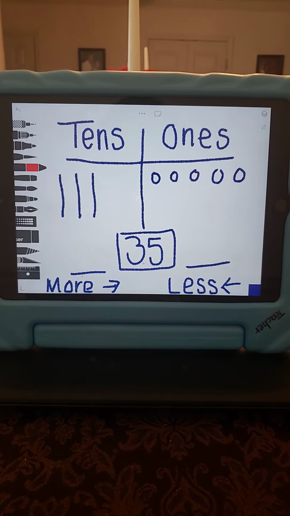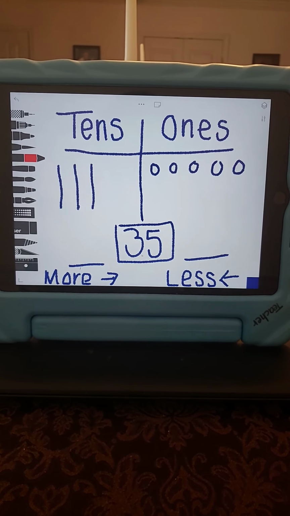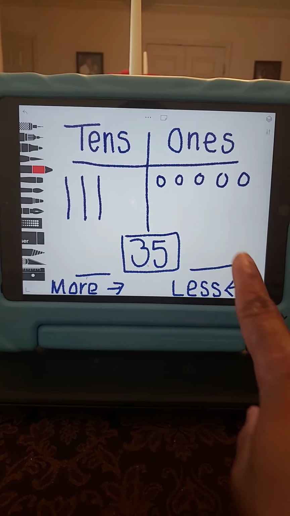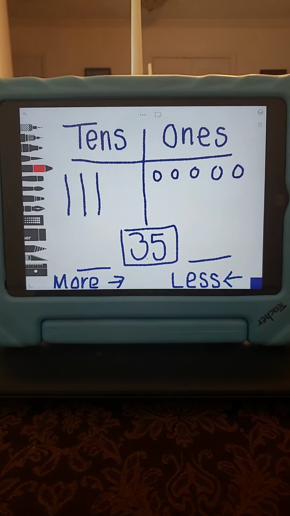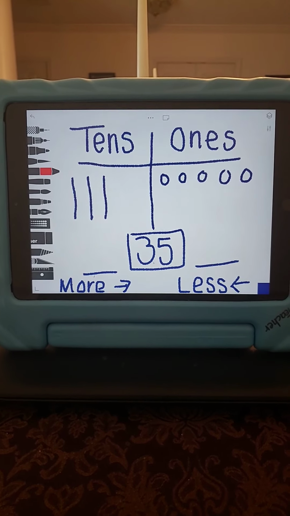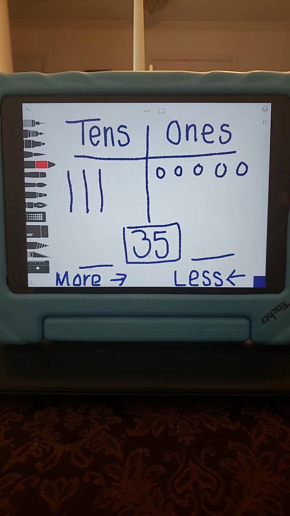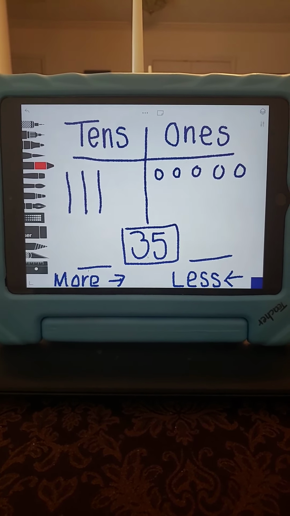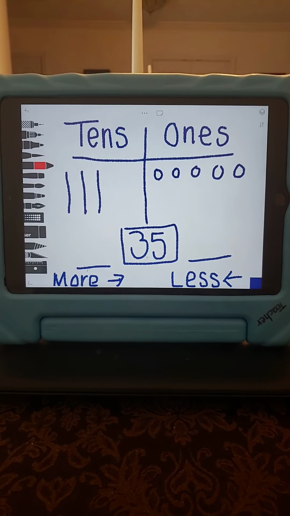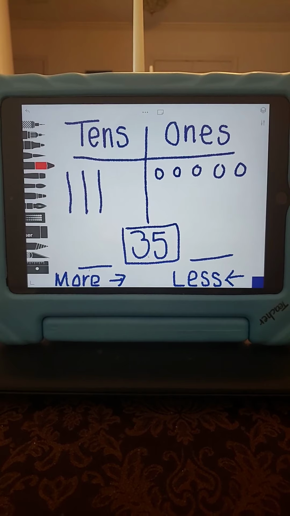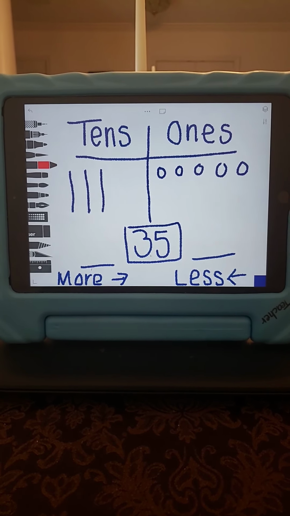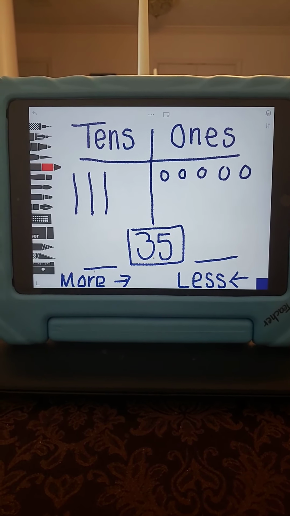Now, we're going to use what we know about more and less to do something a little bit harder, okay? Instead of us talking about one more, since we're talking about tens and ones, guess what? We're going to use what we already know to talk about 10 more and 10 less, okay?